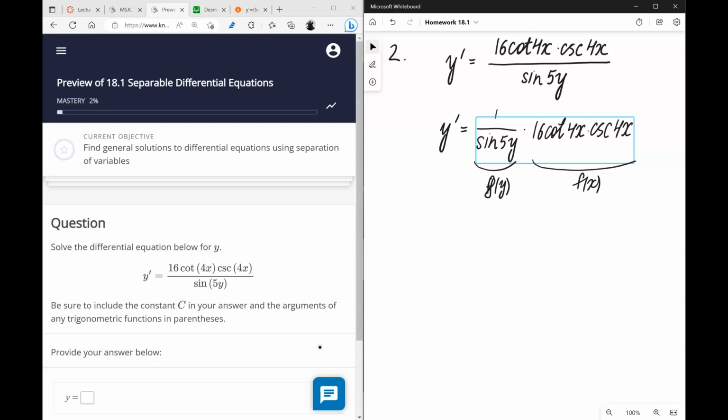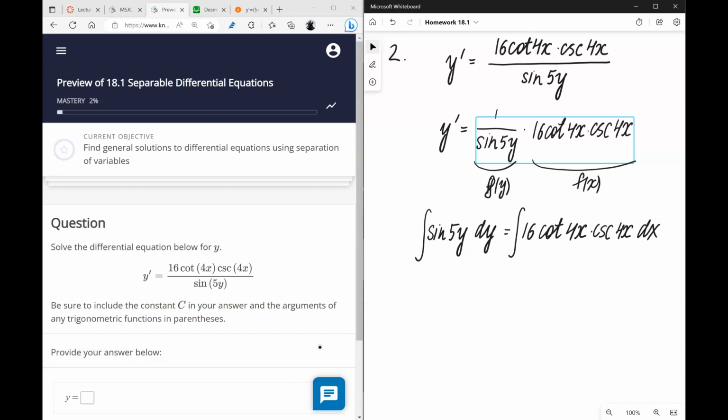We multiply both sides by sine of 5y. On the left side we have sine of 5y, and on the right side we have 16 cotangent 4x times cosecant 4x. We write dy on the left, dx on the right, and we apply the integral to both sides.